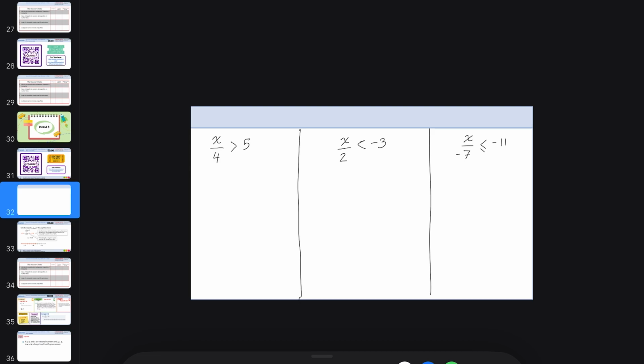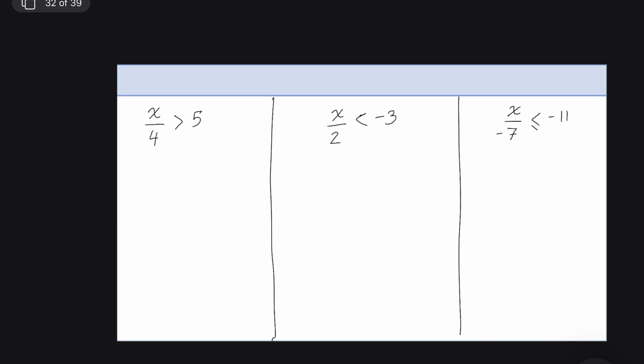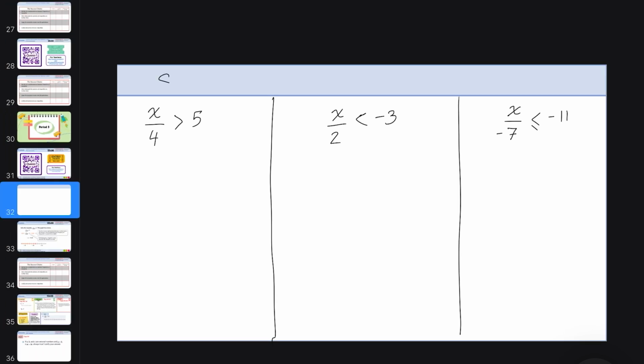For part 2, we'll explore solving inequalities that contain division and how to cancel the division using multiplication. So again, for this part, we need to solve inequalities with division, or to cancel division we use multiplication.